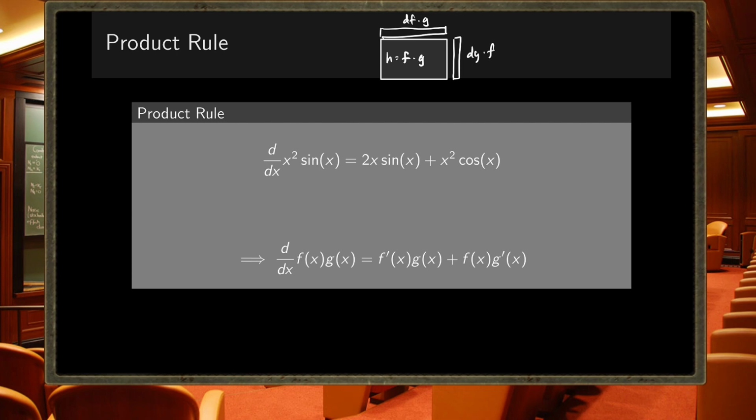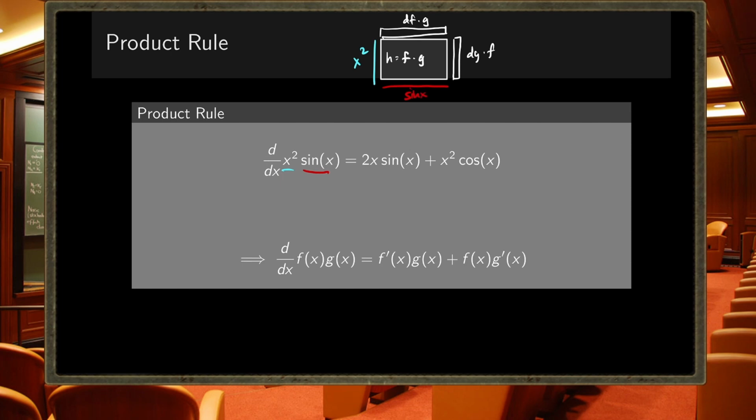So here's my h. Then, if x squared is f and sine x is g, then this is what we're talking about.